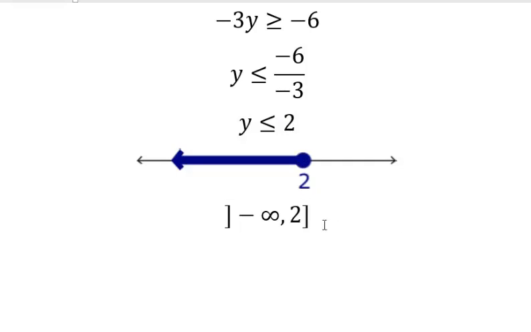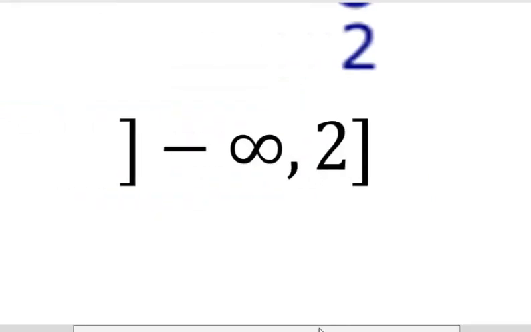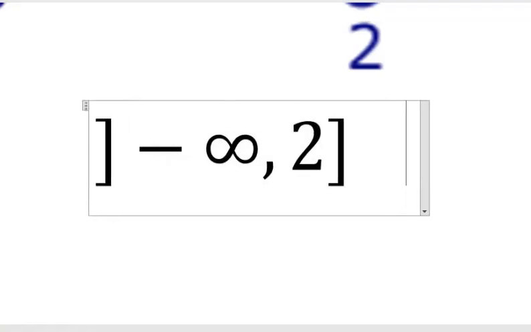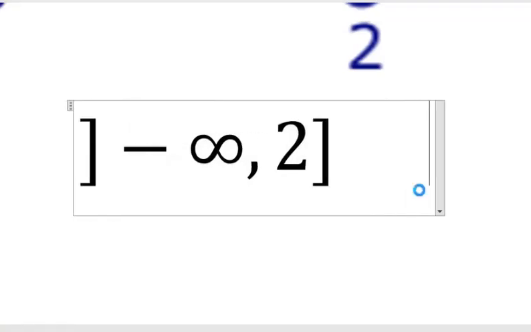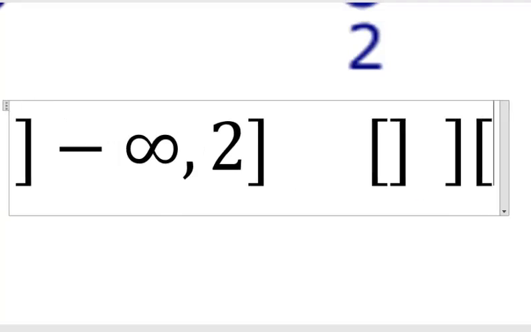So in this interval, it's open on the left side, but it's closed on the right side. Remember that, like I told you, closed will be this, and open will be the opposite way.